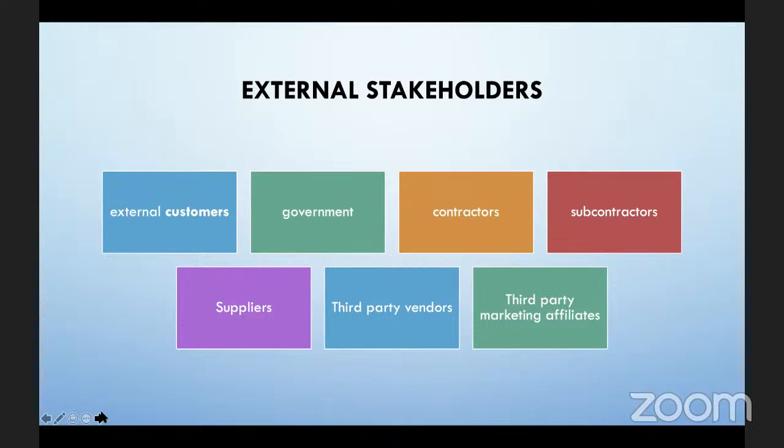And then we have third-party marketing affiliates. Just as you are depending on third-party vendors and their technology, some other folks might also be depending on you. Maybe the product that you are selling, they will grab or consume your APIs, and then they will sell your product to external customers, and hopefully they can get some commissions out of it.